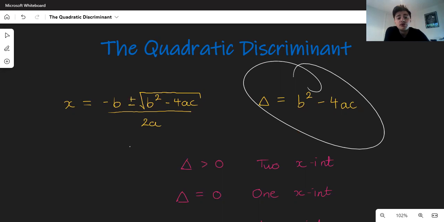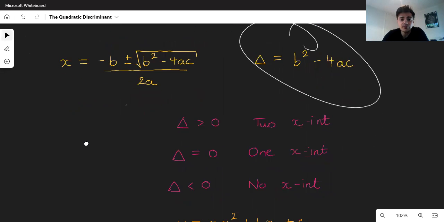For example, for a square root sign, if you take the square root of a negative number, it can't be done in this case. So we can only really think about positive or zero solutions to the discriminant. But we can still get negative ones, and that still tells us something very important about the quadratic equations that we're looking at.